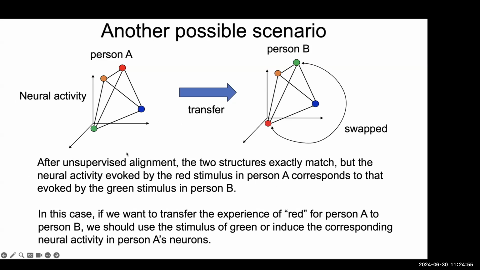But I expect that a different situation happens. Like, after unsupervised alignment, the two structures exactly match, but the neural activity evoked by the red stimulus in person A actually corresponds to that evoked by the green stimulus in person B, meaning that the green and red neural activity are sort of swapped in comparison with person A. So in this case, if we want to transfer the experience of red for person A to person B, we should use the stimulus of green, not red, right?